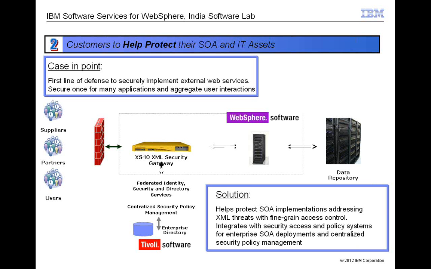So DataPower, being DMZ worthy, can be placed in the DMZ, integrate with back-end security management solutions, and do authentication, authorization, and auditing of incoming requests. So this is another very popular use case that I've seen over the years that I've been working with DataPower.